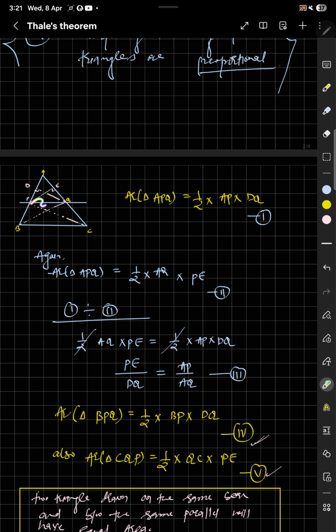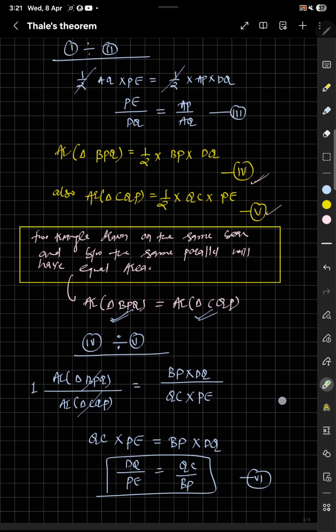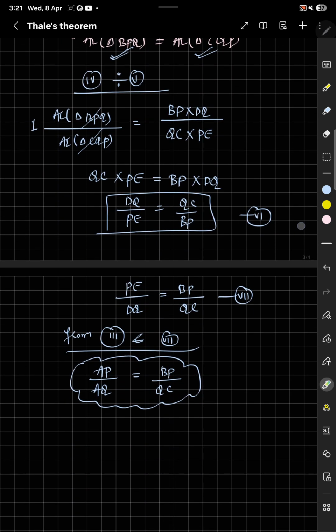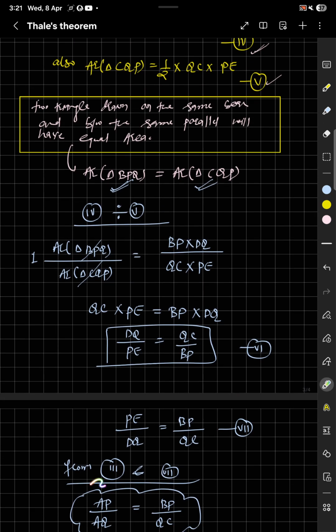Again, we found the area of this triangle and this triangle and took its ratio, and we used the theorem that triangles on the same base and between the same parallels have equal area. Using that, we concluded that DQ upon PE is equal to QC upon BP. At the end, we compared 3 and 4.